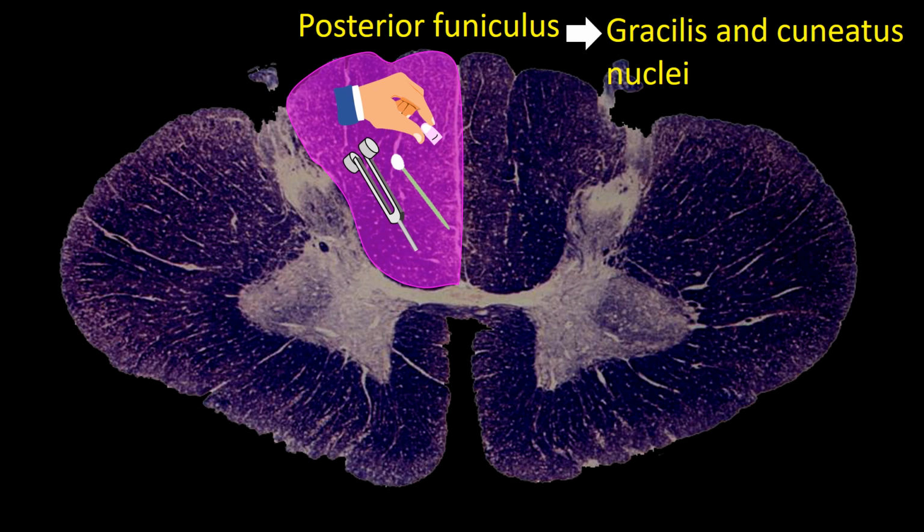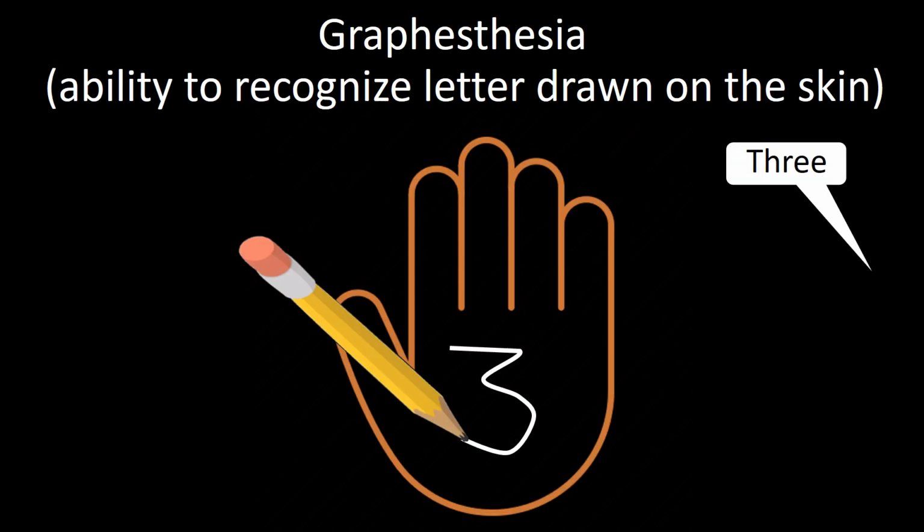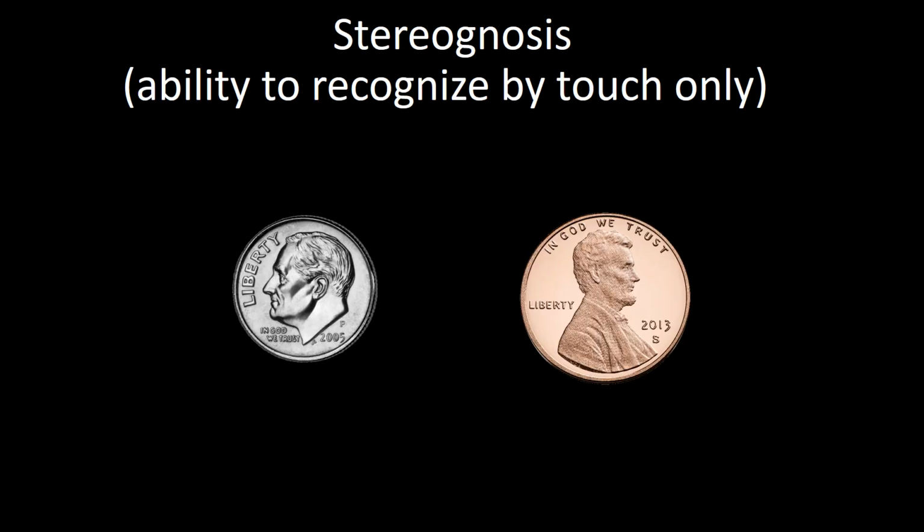This system is called the dorsolateral pathway or the dorsolateral lemniscus system. The two other modalities carried by this system are graphesthesia, the ability to recognize a letter drawn or a number written in the skin, and stereognosis, the ability to recognize objects by touch.